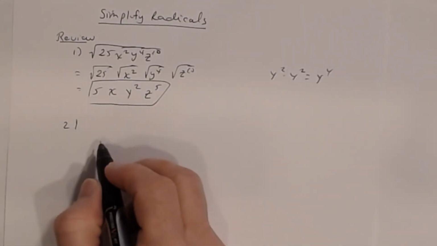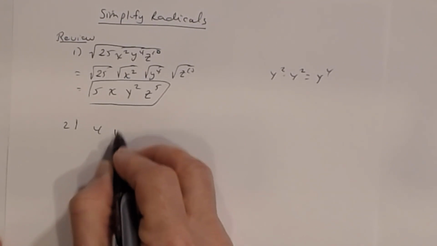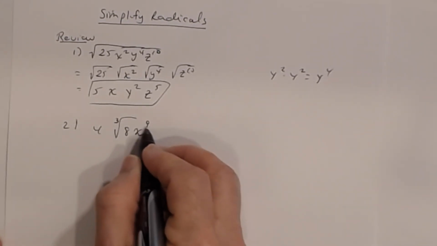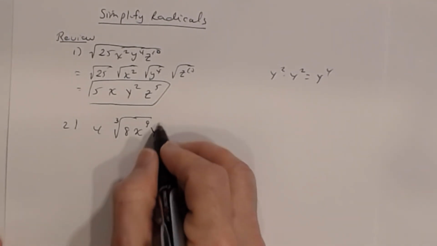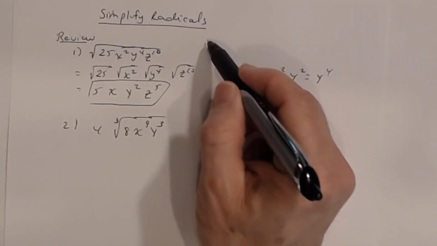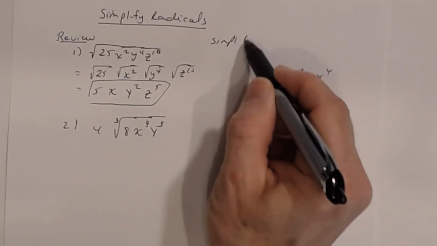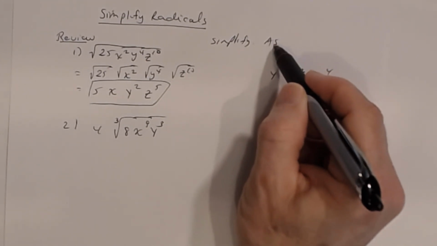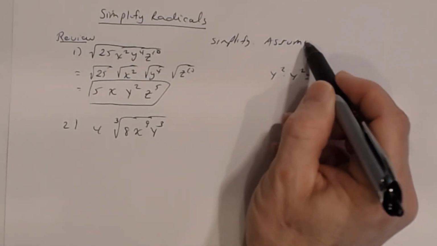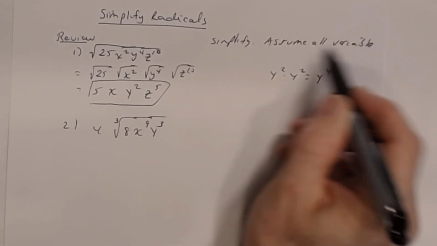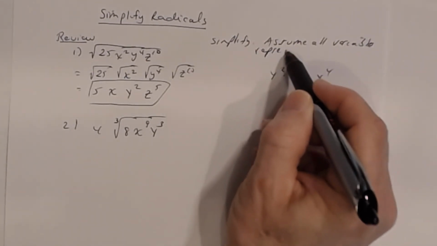And number 2, we have 4 times the cube root of 8 x to the ninth y to the third. And again, as we go through all of these, remember the directions usually say simplify, and then it'll say assume all variables represent positive numbers.